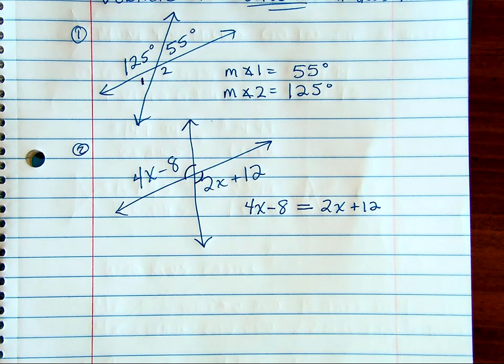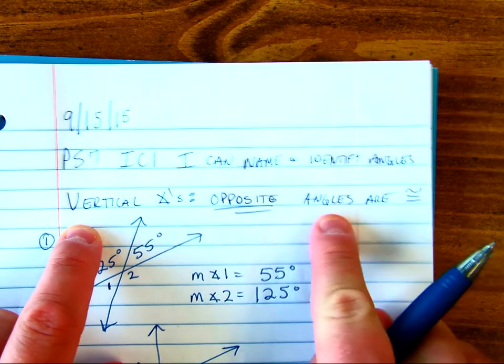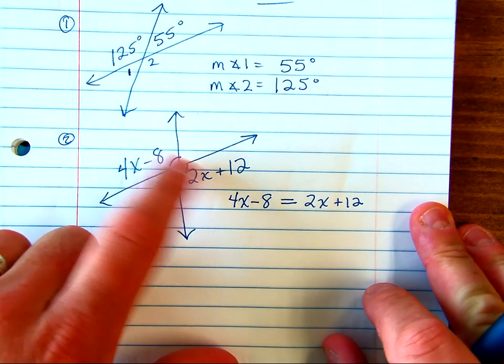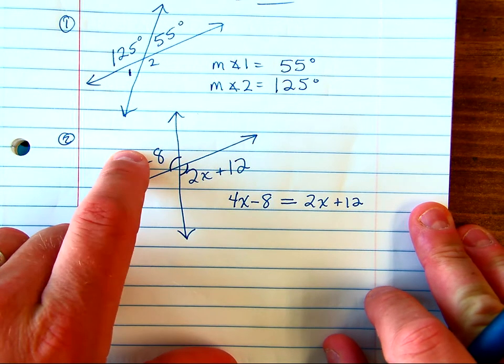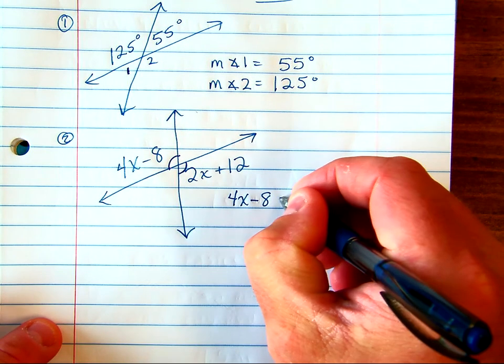How do I know they're equal? Because of this definition. Opposite angles are equal. Because of that definition, I know that these 2 angles opposite each other are equal. Because of that, I can set them equal to each other.